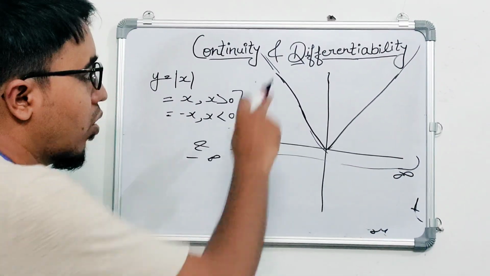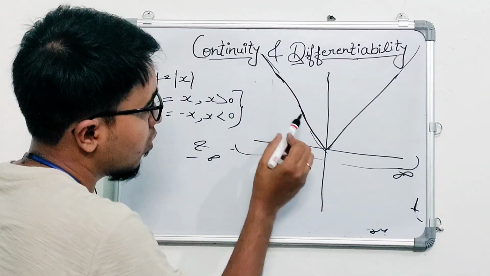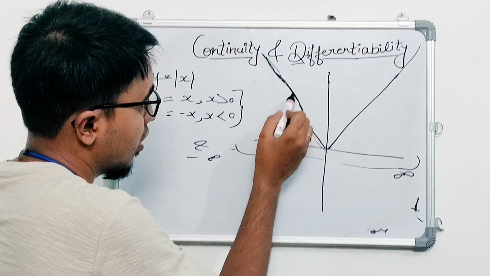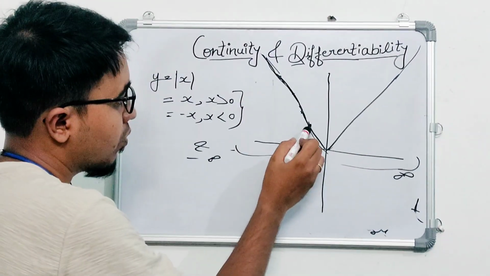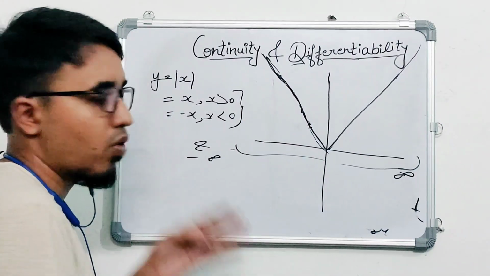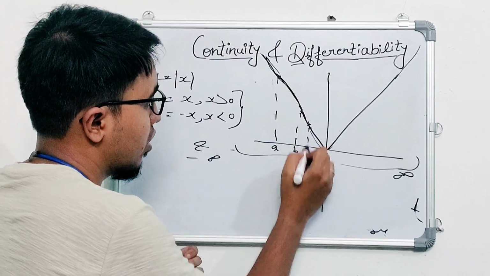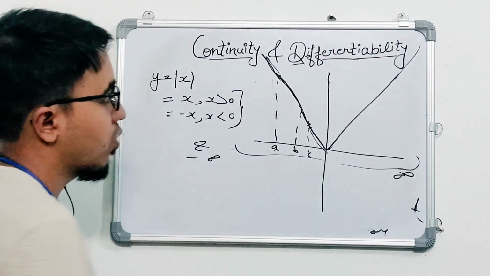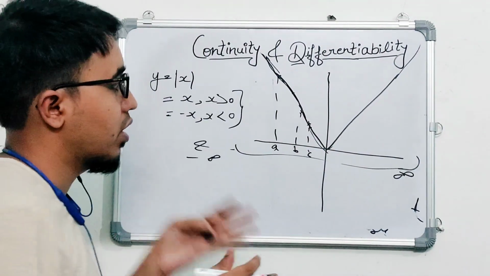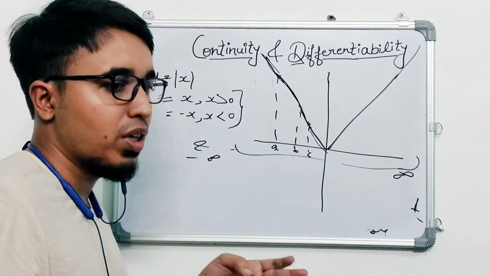Now talking about differentiability. If I need to make the tangent over these points, this line would be the tangent at all the points here. If this is point A, this is point B, this is point C, then at A, B, C the tangent is the same, and it is a unique tangent. We cannot say that at A there is some different tangent, or that at B we are able to make two tangents.